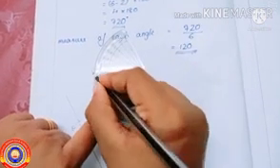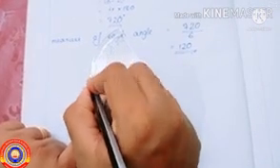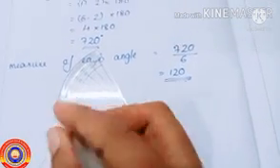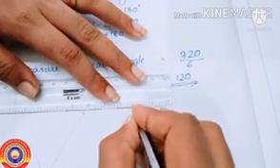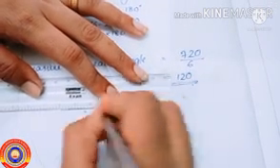Then place the protractor at the point D and mark the angle 120 degree and join the line. Now we got the hexagon of equal angles and unequal sides.